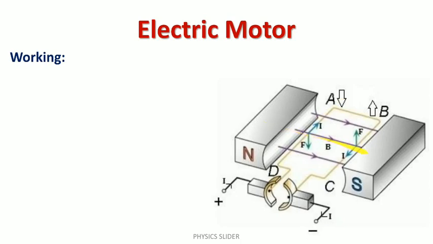With the help of Fleming's left hand rule, we can find the direction of the force, which will be downward. You can apply Fleming's left hand rule here and get the direction of the force, which is downward. So in the side AD, the direction of the force is downward. Now let's talk about the side BC. The magnetic field is in this direction and the electric current is in this direction.